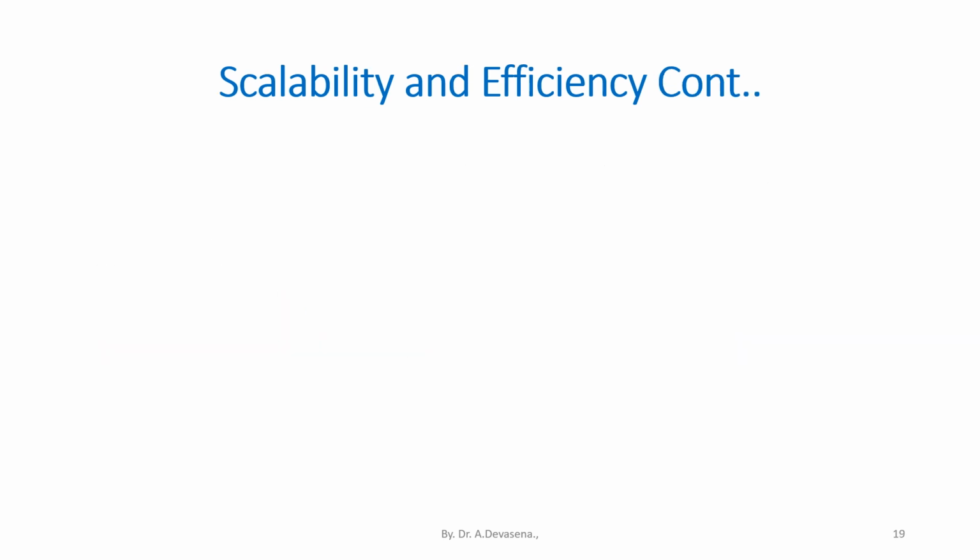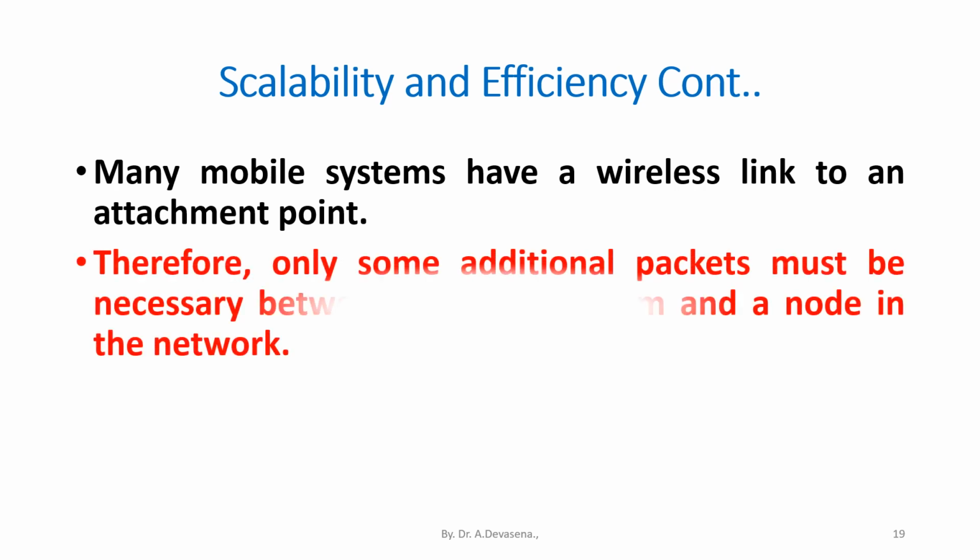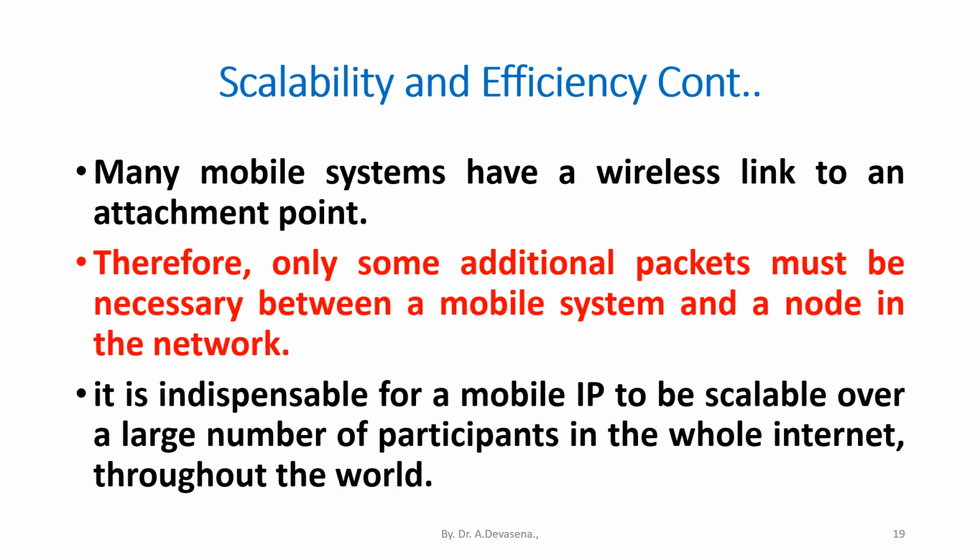Mobile systems have a wireless link to an attachment point. Therefore, only some additional packets must be necessary between a mobile system and a node in the network. It is indispensable for mobile IP to be scalable over a large number of participants in the whole internet throughout the world.